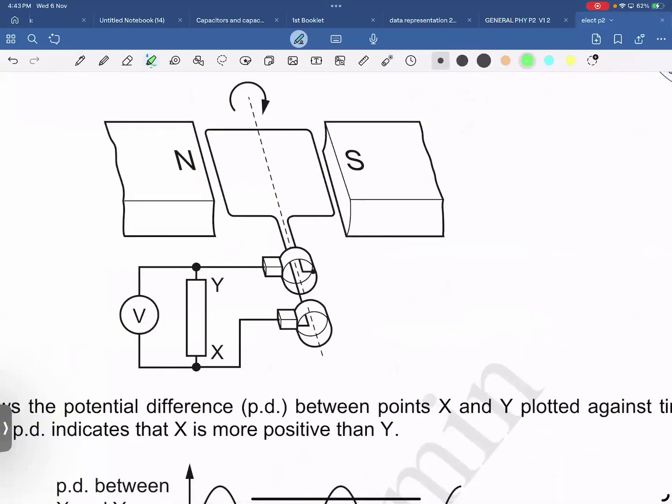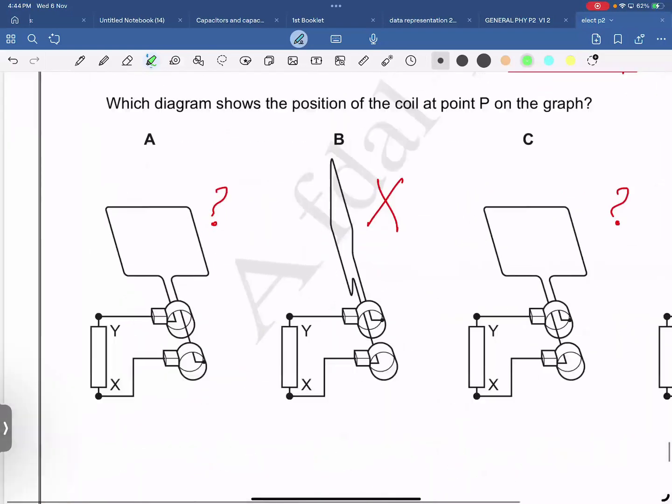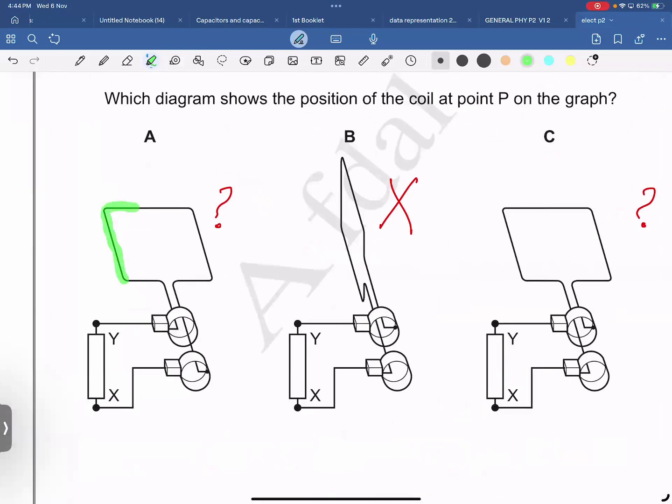When the current is coming from the north to south, it connects to Y using the upper slip ring. Look, option A. When it comes this way, it connects to X. So this arrangement is wrong.